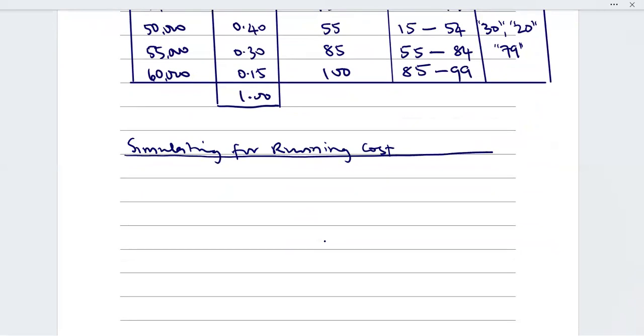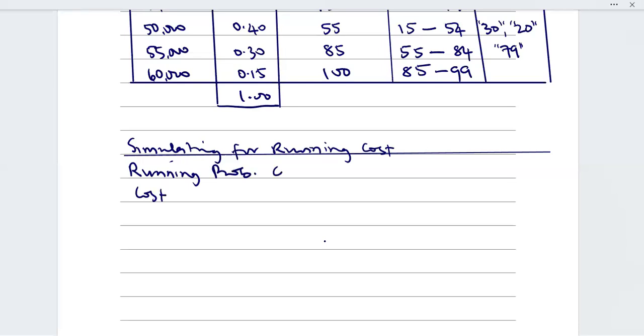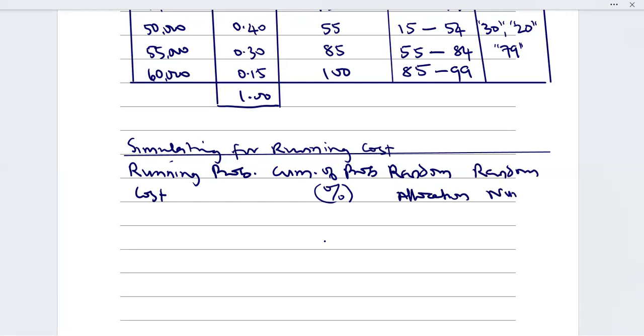So running costs, probability, cumulative of probability in percentage, random allocation, random number.